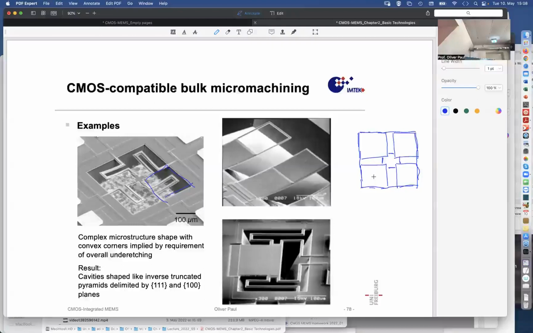Have you ever heard about anisotropic silicon etching? Yes. Yeah. So let's look at this one opening. We would etch a cavity of the shape, and then three others as well.